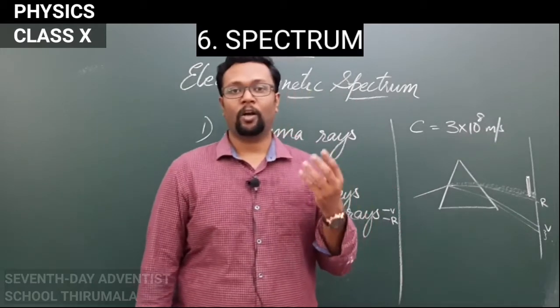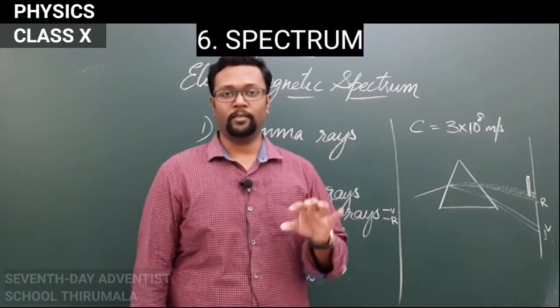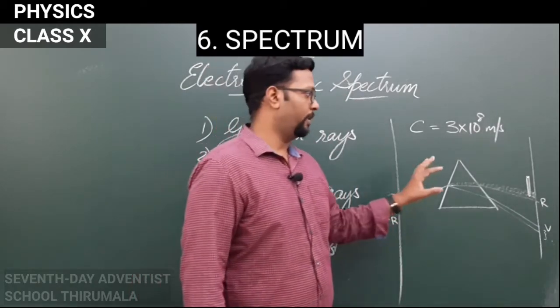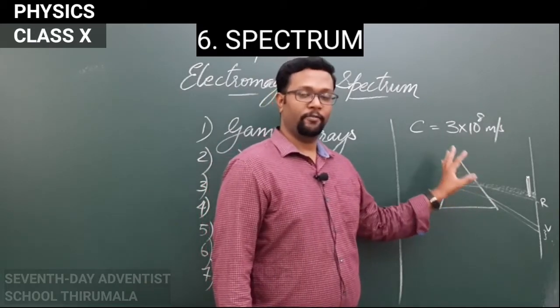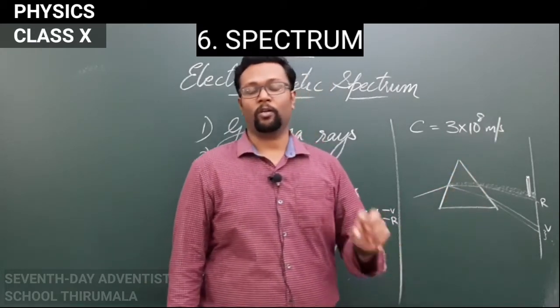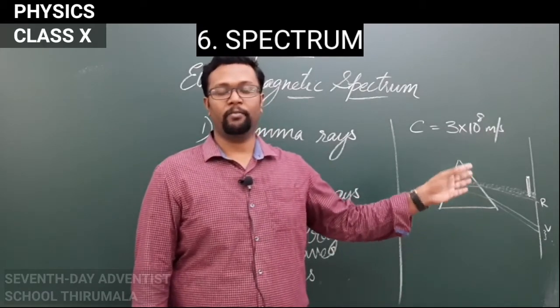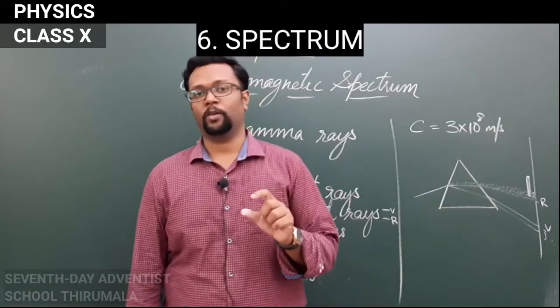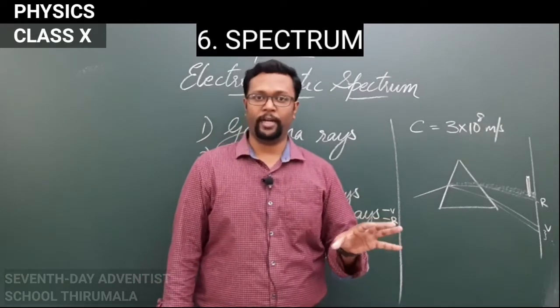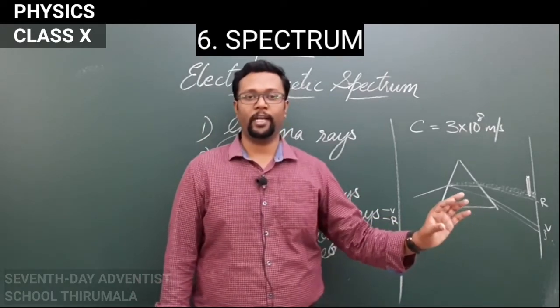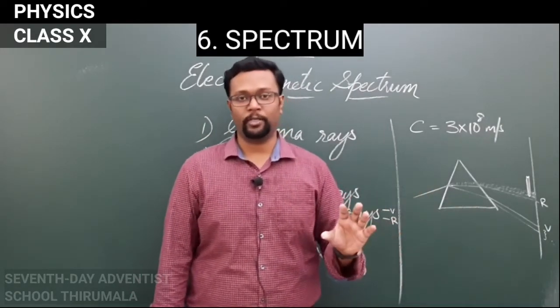It is quartz prism, Q-U-A-R-T-Z, quartz prism. For detecting infrared radiations, we use rock salt prism. For ultraviolet radiations, we have to use quartz prism, because quartz will not absorb ultraviolet radiations. Quartz will allow ultraviolet radiations to freely pass through it.